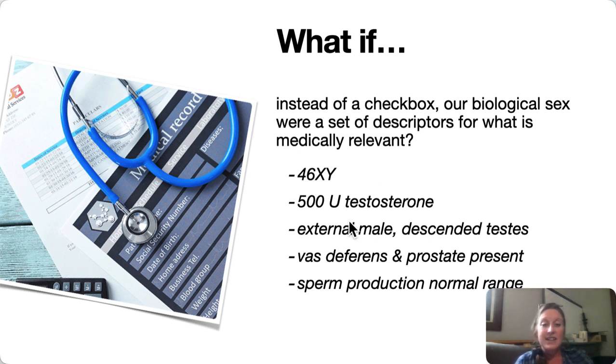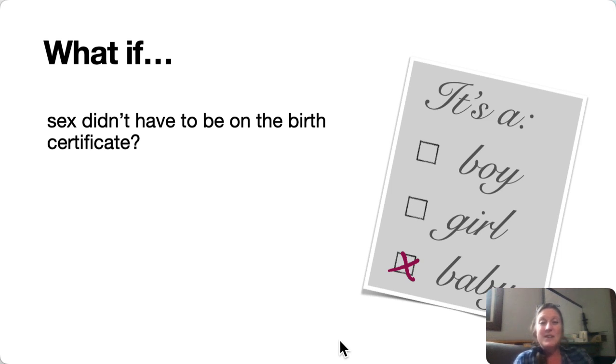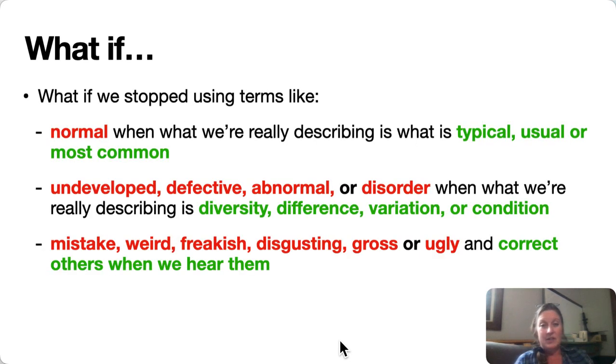But anyone that didn't fall into this category would have the specifics there, which would actually allow their medical providers to have more precise and accurate responses. What if the birth certificate or the baby announcements didn't say it's a boy or a girl and just said it's a baby? It doesn't have to be on the birth certificate.